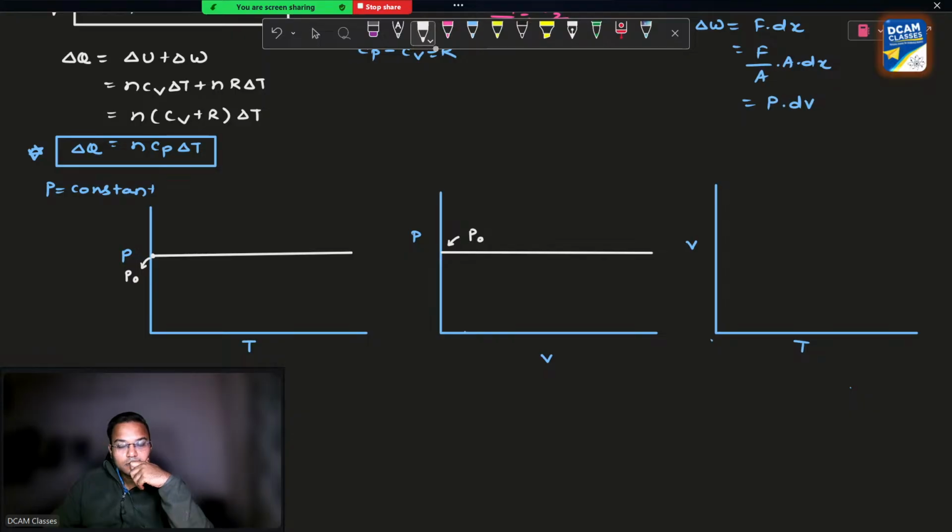No, sir. VT would be a straight line. Straight line, yeah, from origin, passing through the origin. Correct. But now one more question I have. If you say it is a straight line passing through the origin, what will be its slope, tan theta value?